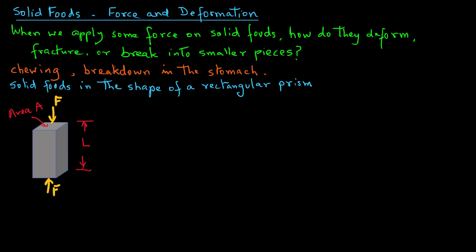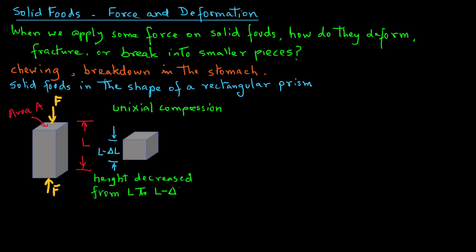The solid material deforms, and the new dimension then, where the height is reduced, is L minus delta L. So in this case, we are applying force only along one axis, so we call this uniaxial compression. And the height decreases to L minus delta L. Delta L is the deformation that took place when we applied force to this solid prism.